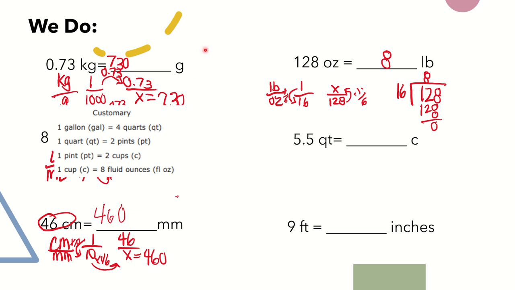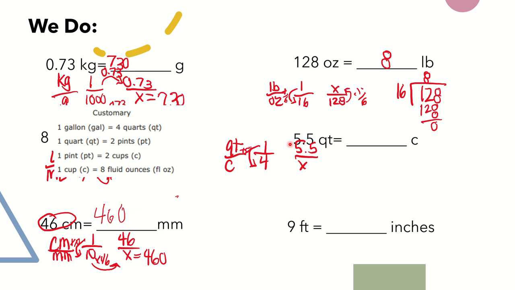Let's set that up. And then based on my problem, I know I have 5.5 quarts. I'm talking about quarts at the top. And again, I'm trying to solve for X. I know that 1 times 4 gives me 4. So I could come over here, whatever I do to one side, I would have to do to the other side.